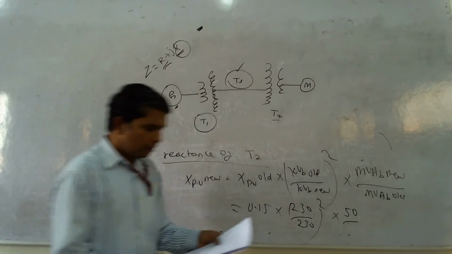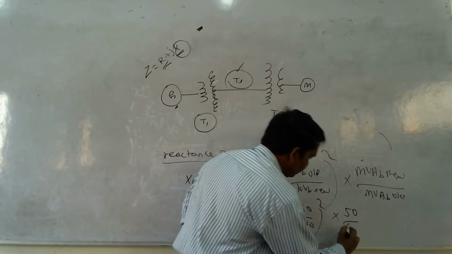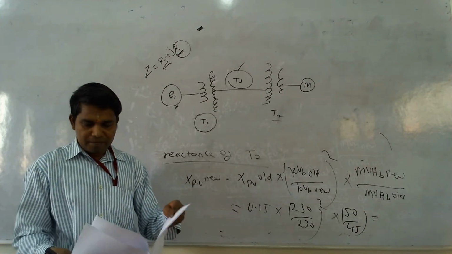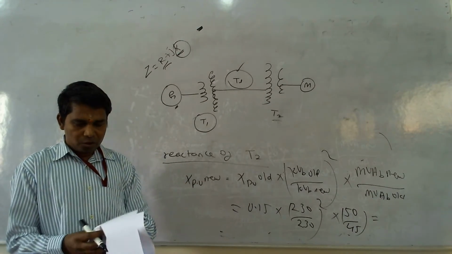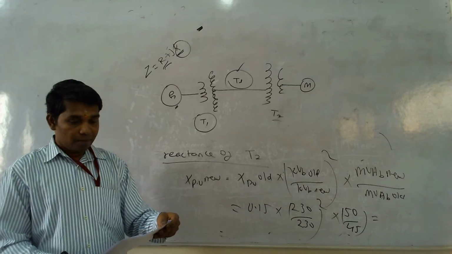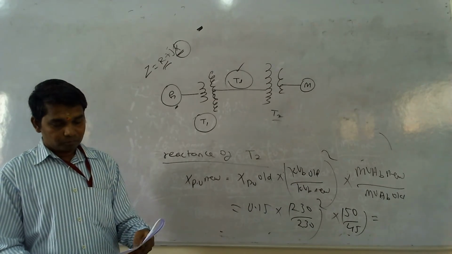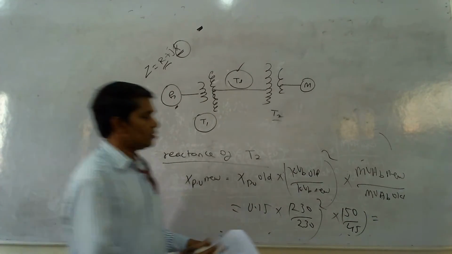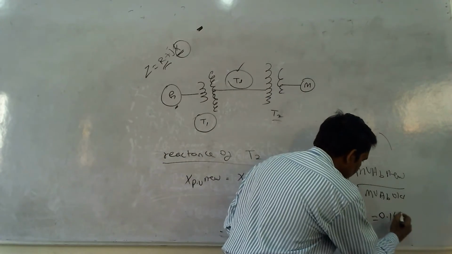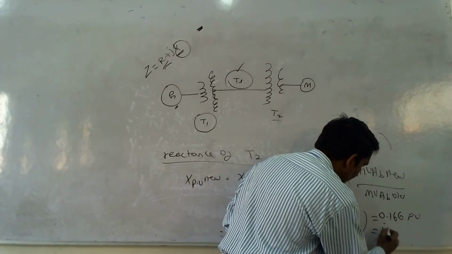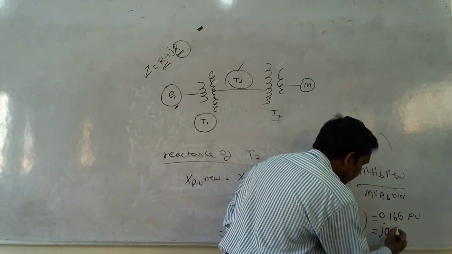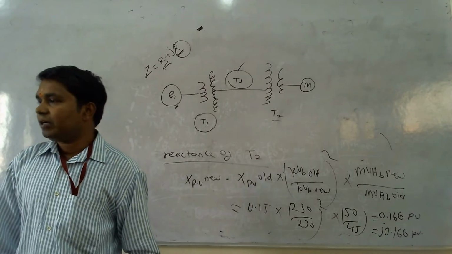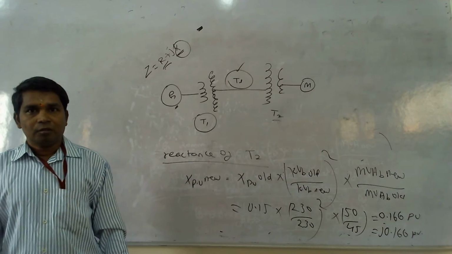The old value for the transformer 2 is 45. So for the transformer 2 it is coming around 0.166 per unit, with which we have to add the j. So j0.166 per unit. This is the value we have calculated for the transformer 2.